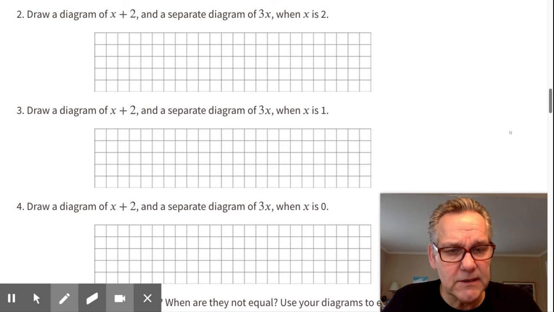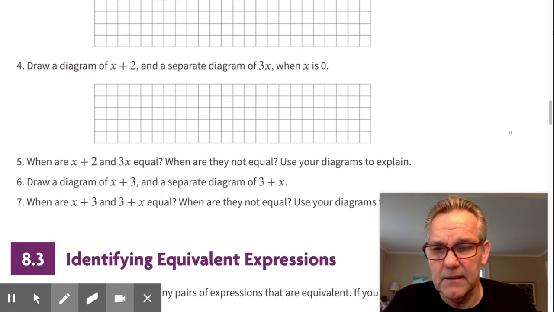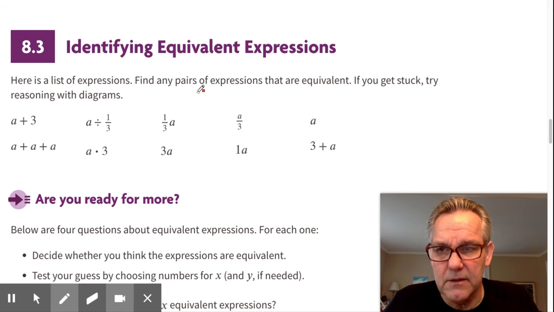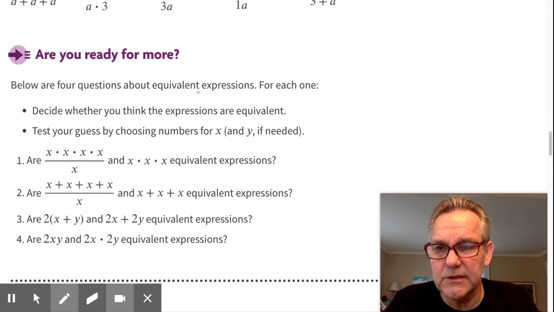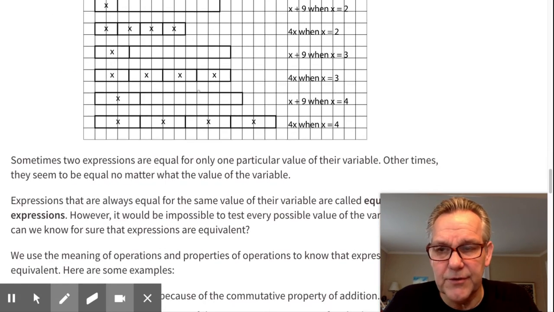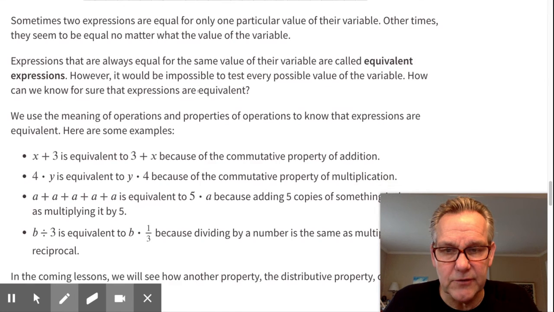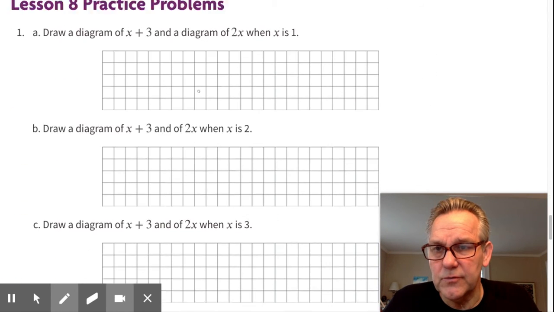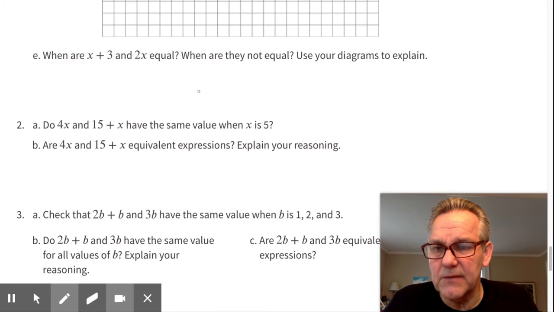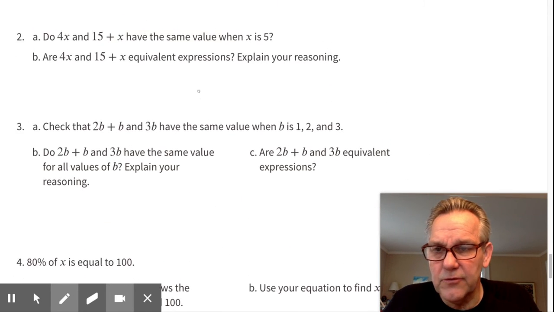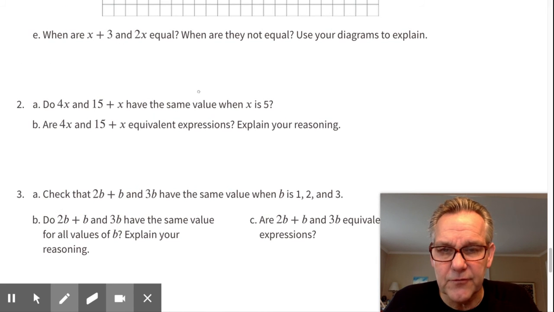And then as is typical, I'm going to assign, actually, in this case, we're going to do this together, the identifying equivalent expressions. And then I'm going to have you, as always, read through the lesson summary as carefully as you can. And then this time we're going to do the first 3 practice problems.